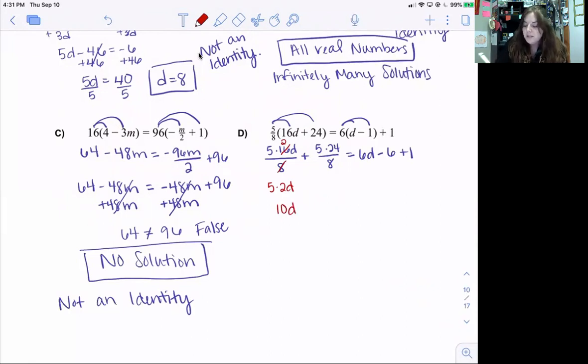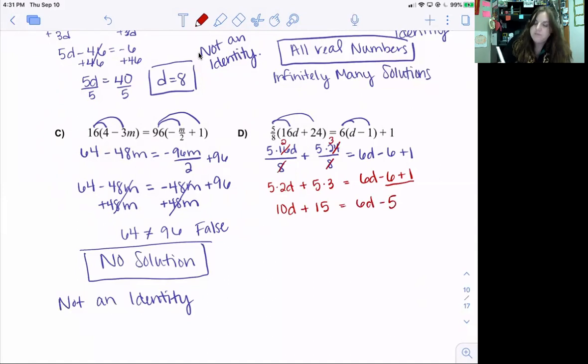I don't know what that is, but I do know that 24 divided by 8 is 3. So we have plus 5 times 3, which is 15. And then bring everything else down. Equals 6d minus 6 plus 1. I'm going to go ahead and combine these. So this equals 6d minus 5. So that's another way you can simplify fractions without having to get a calculator. But again, a calculator is perfectly fine.